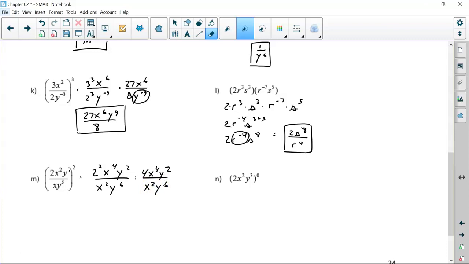Divide. 4 divided by 1 is 4. For the x's, it's 4 minus 2. And y, it's 2 minus 6. So 4x squared y to the negative 4th. It becomes 4x squared over y to the now positive 4th. The only thing that moves is the y. Everything else stays where it is.